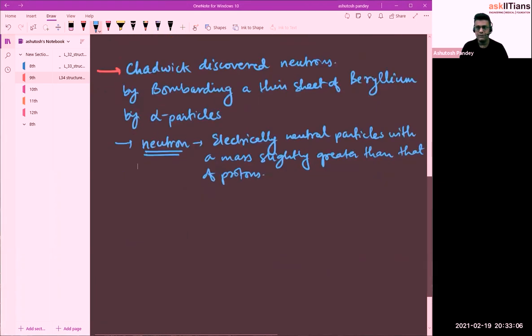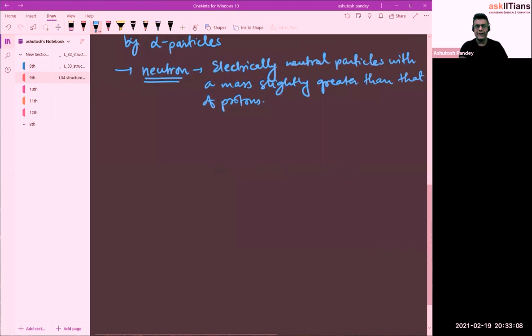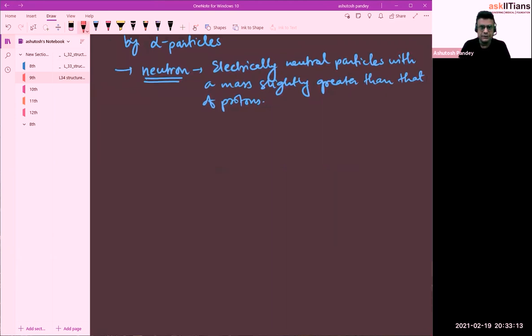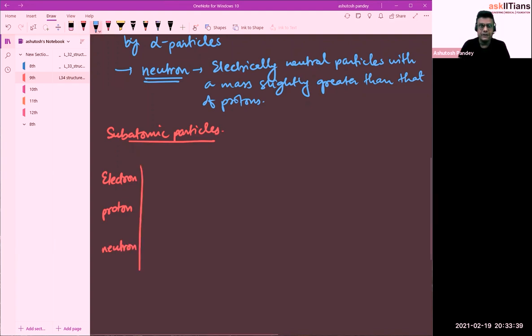Just to summarize, we can draw a table of the subatomic particles: electron, proton, and neutron. These are the three subatomic particles.